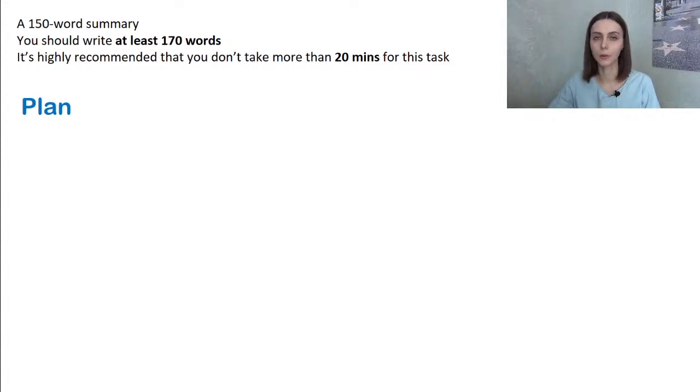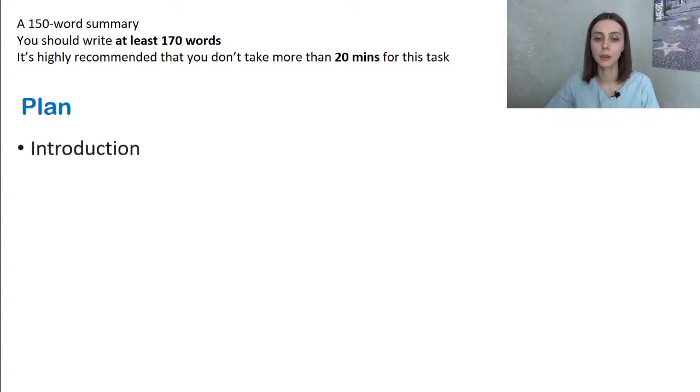Don't forget that you will have 2 writing tasks, writing task number 1, which we're talking about now, and also writing task number 2, which is an essay. That is why for this task it's about 20 minutes.